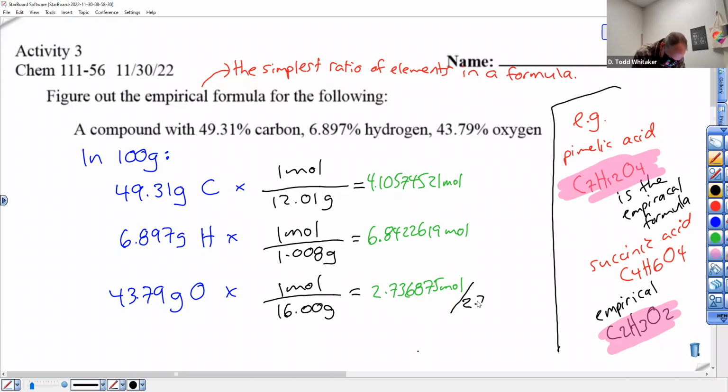Every single green number gets divided by that. I know the answer to this last one. That's a 1.